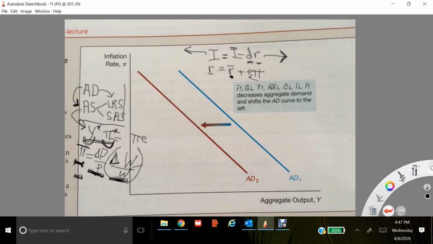The reason it does that is that if inflation starts to get high, the way the Fed can reduce it is to increase the real rate of interest, and that will result in a fall in investment spending and output after that.